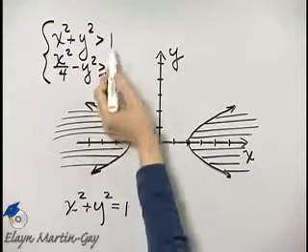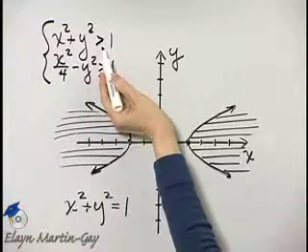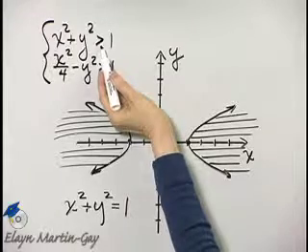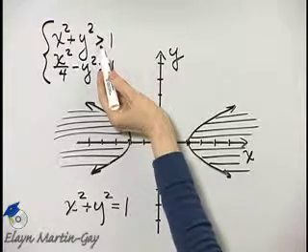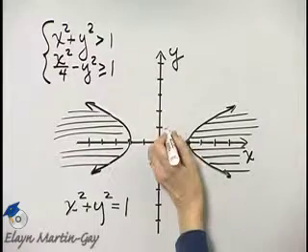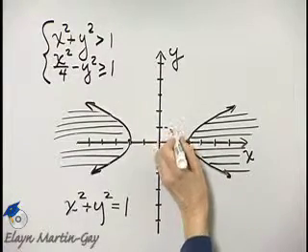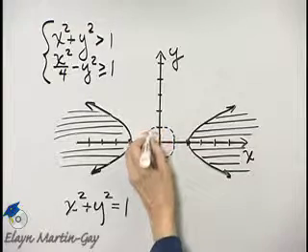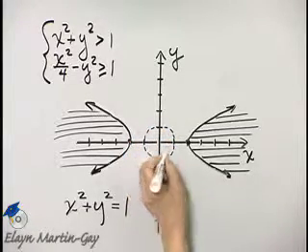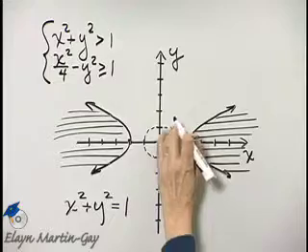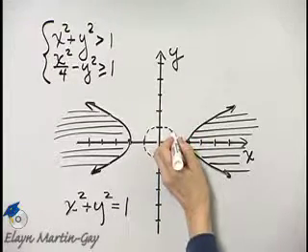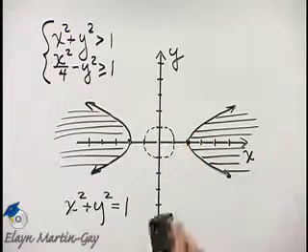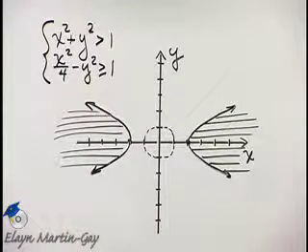So I will also, by the way, sketch my circle in with dashed lines because of the strictly greater than. So here I have, use your imagination, a circle.